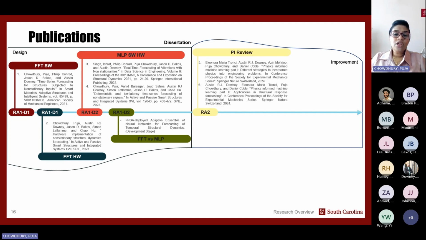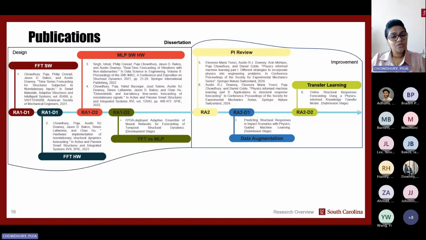After that, for more improvement, I did research area 2, starting with the physics-informed review. Here, I have two workshop papers in 2024. At the same time, for this area, the first direction, which belongs to a data augmentation process, is in the submission stage, and the next approach, based on transfer learning-based physics-informed machine learning, is also in the submission stage.